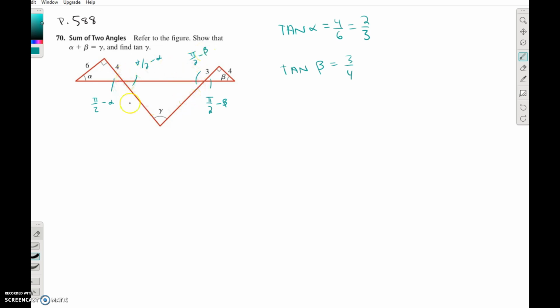And the relationship between these three angles on the inside is, well, the angles inside a triangle have to add up to 180, which is pi. So pi halves minus alpha plus pi halves minus beta is equal to, I'm going to pause this and make sure it's gamma.